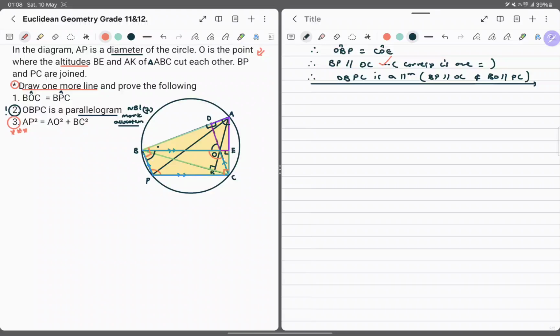And then BC squared is the hypotenuse of this triangle ECB, or it could be the hypotenuse of triangle DCB. So this question is troublesome.